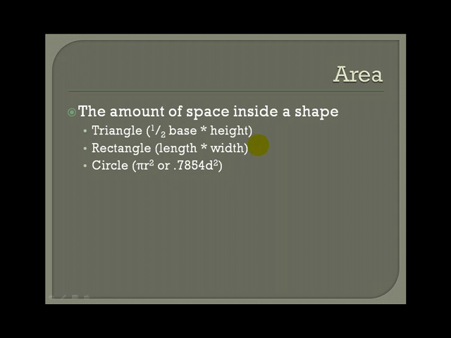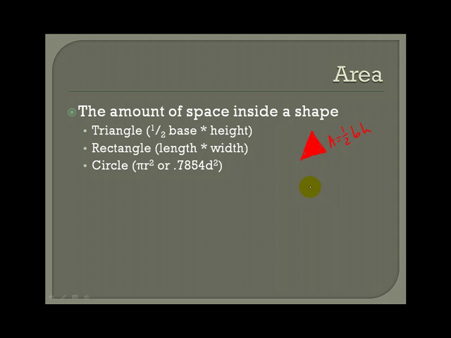Good. The amount of space inside a shape is called the area. So if we have a triangle, the amount of space inside here, in the two-dimensional plane, is called the area. The formula here is area equals 1/2 base times height.